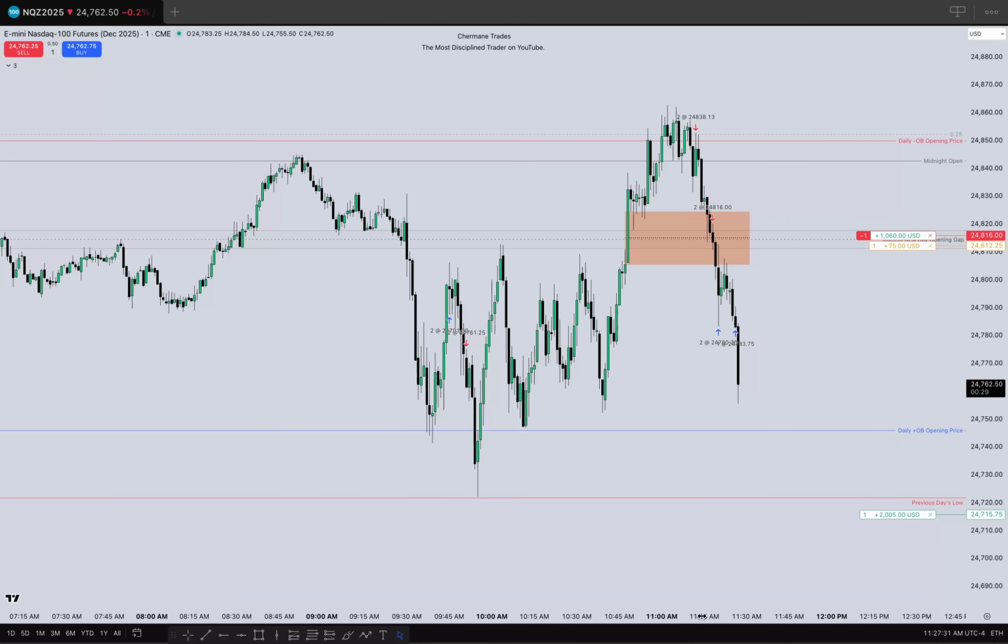Beautiful, beautiful delivery. Looking at this wick, want my stop loss above that. Its midpoint comes in at 24,789. Not gonna hug it. Don't want to get too aggressive, but stop loss below that.